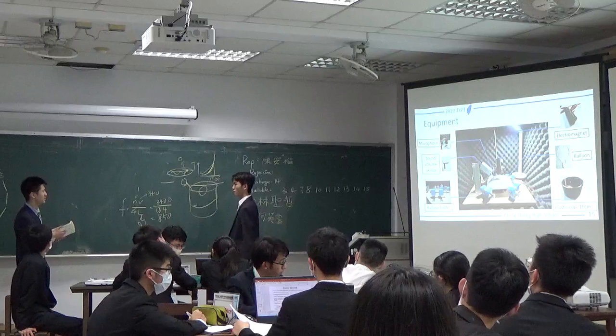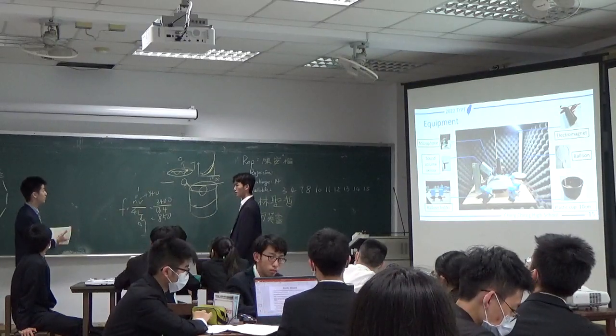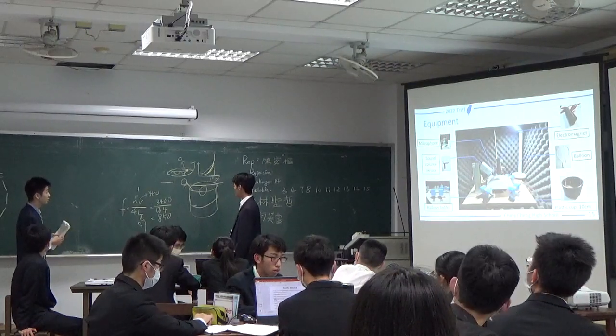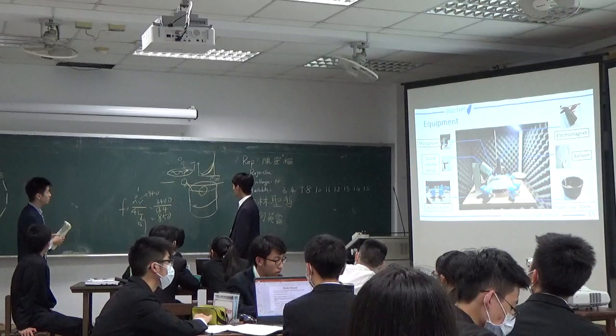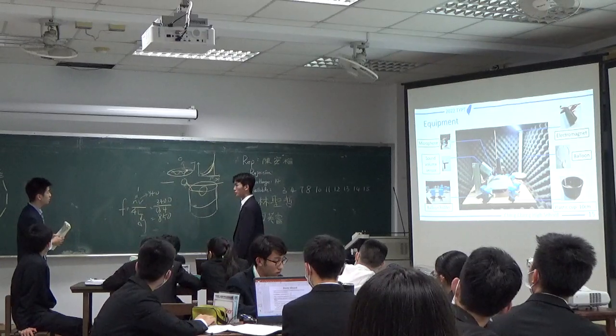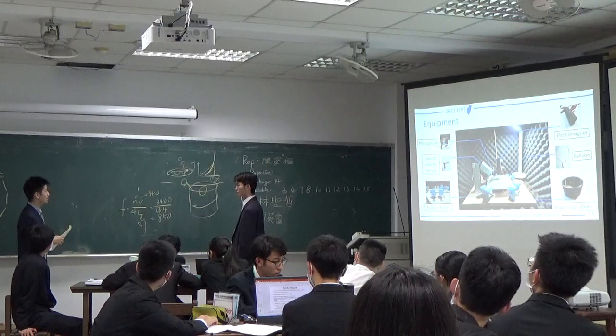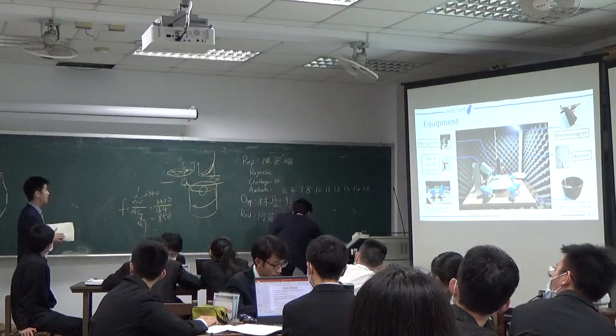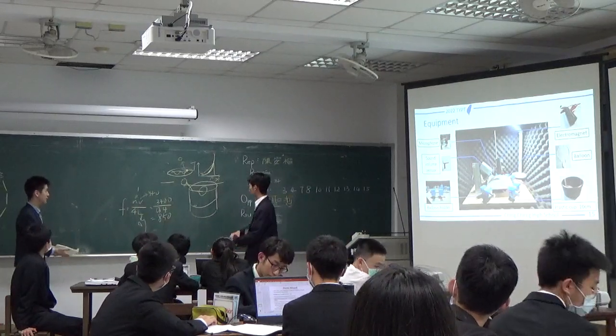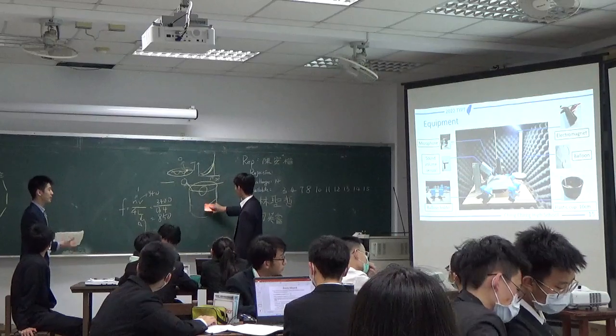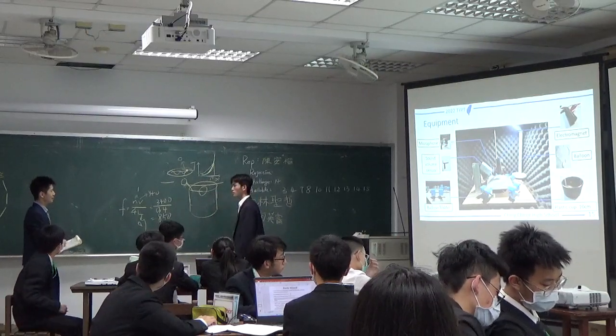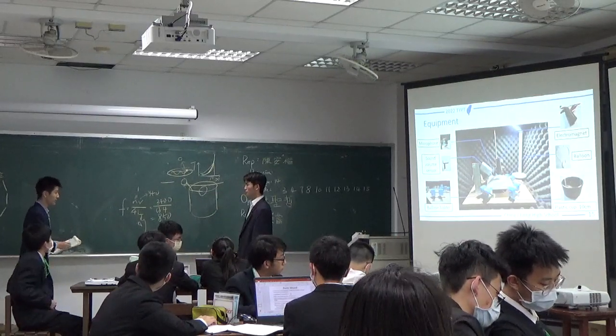So are you changing your statement to that the curve will influence the characteristic of the sound? Sorry, what? Previously you said that the curve does not have a great influence on the characteristics of the sound which we made from the ball falling. However, you said that the curve has influence here.